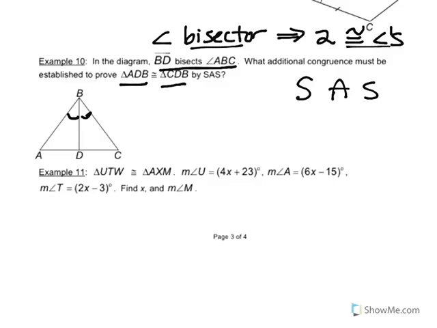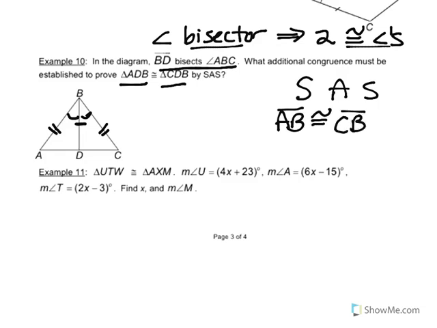And if I wanted to use side angle side, the other thing we know for sure, looking at the picture, is that BD is congruent with BD. So the other proof we would need is for AB to be congruent with CB. That's what we need. AB needs to be congruent with CB.